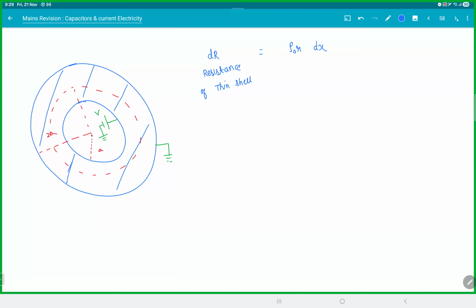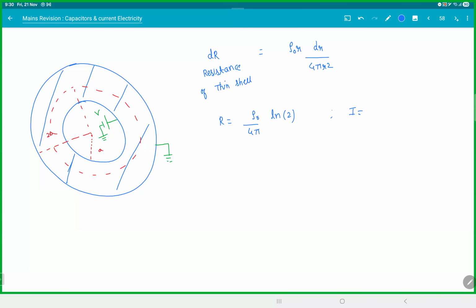L is the length along the current flow. A is the area perpendicular to the current flow. If you remember it that way, it will be easy. So dr and 4 pi r square. So resistance will be the integral of this. This will be rho naught by 4 pi ln 2.